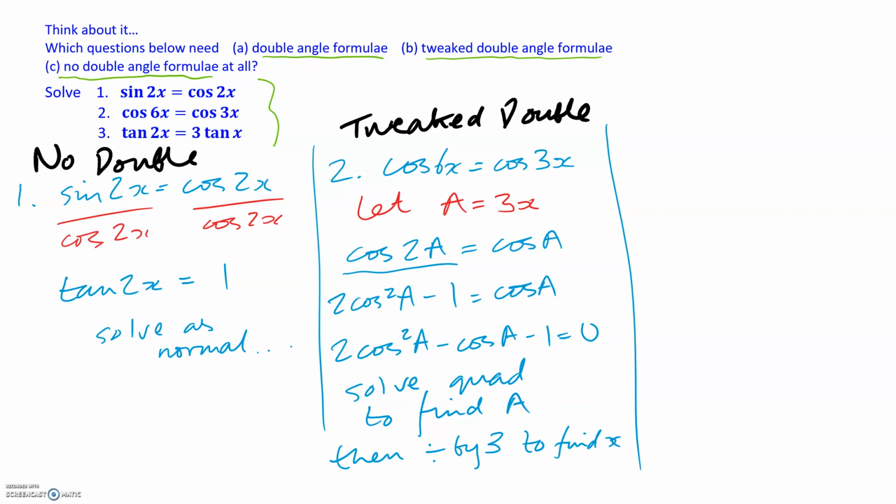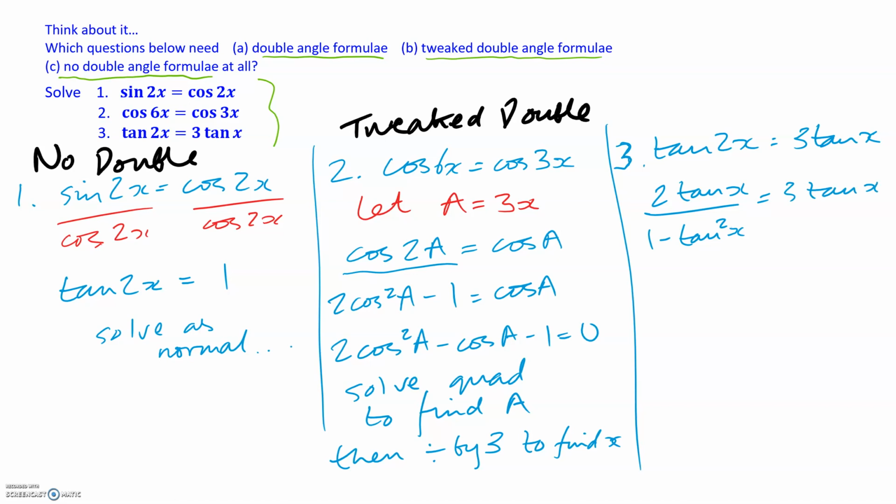And for the third one, tan 2x equals 3 tan x. I think you can just go straight to using the double angle formula for tan 2x here, which would make this question 2 tan x over 1 minus tan squared x equals 3 tan x.